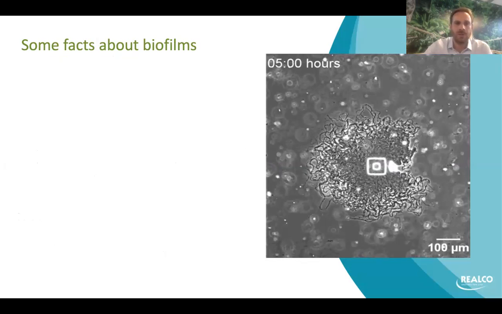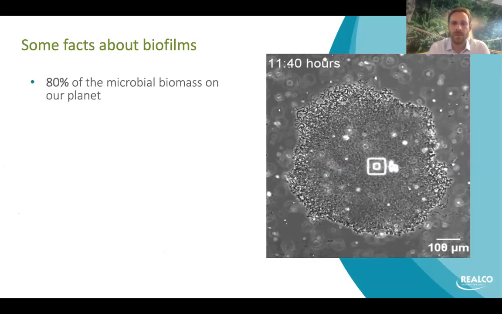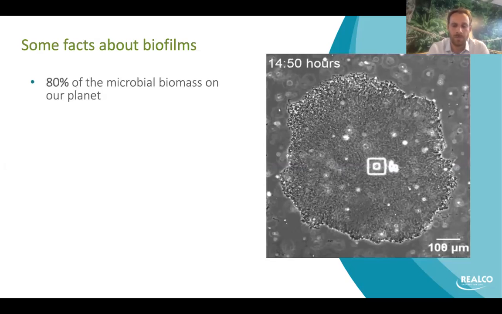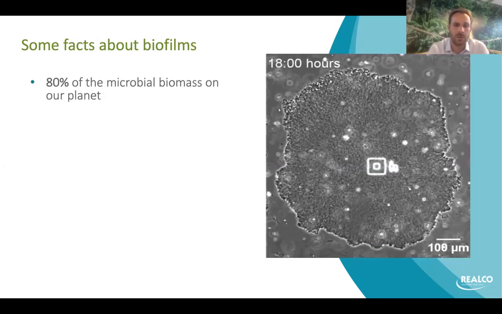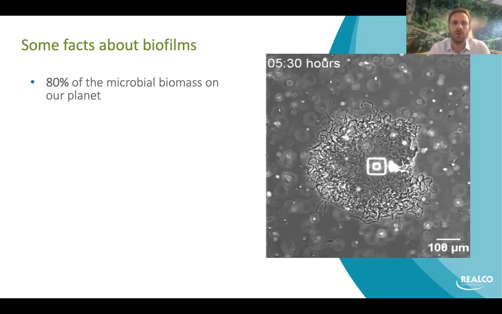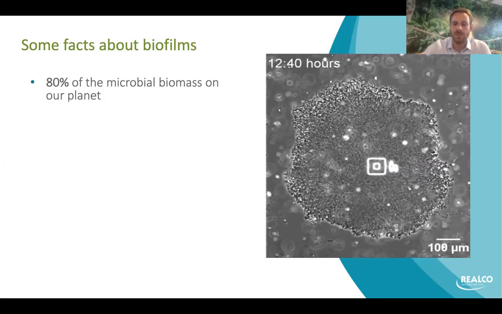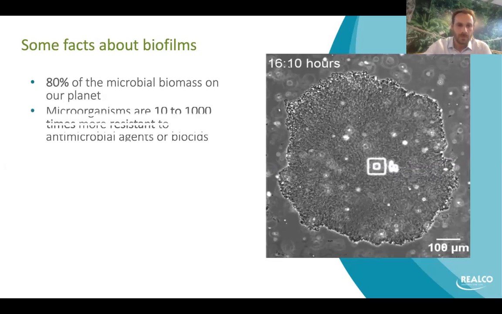I'm just going to give you some facts about the biofilm. Most of the bacteria are organized into a biofilm. They are not free, like planktonic cells living and arriving in the environment. Most of the time, they try to organize themselves into a biofilm structure.